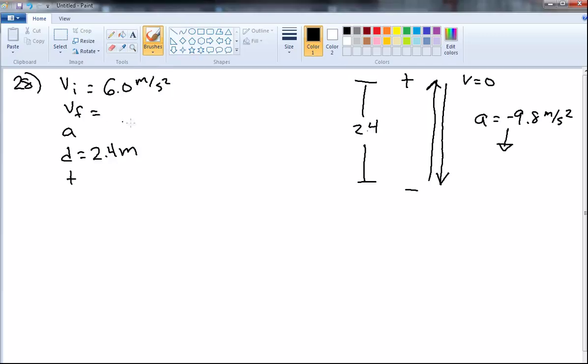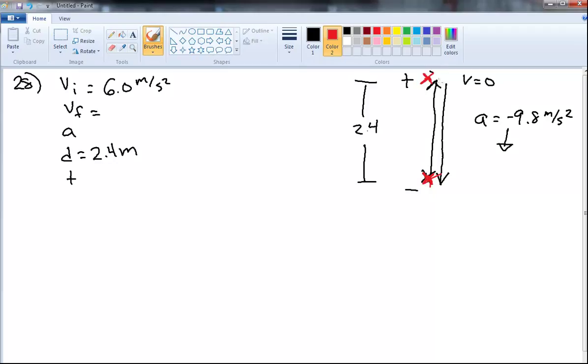Now what I can do here is, if I only look at the motion of the ball from when it got kicked to when it reached its peak height. If I do that, then I know that the initial velocity is 6 meters per second right here.